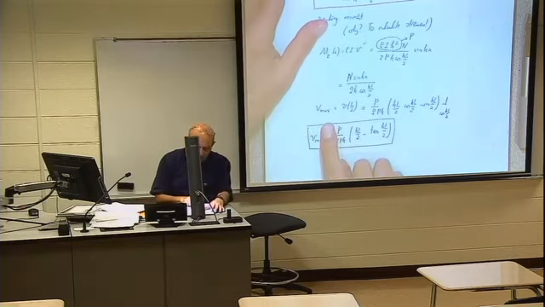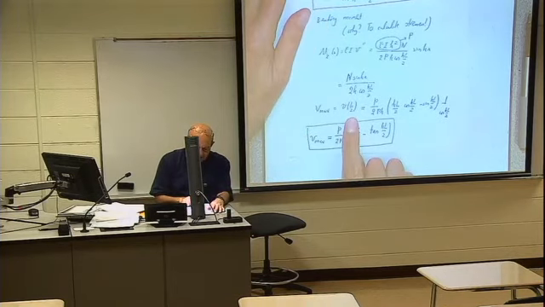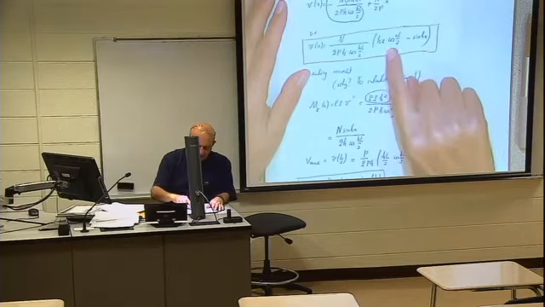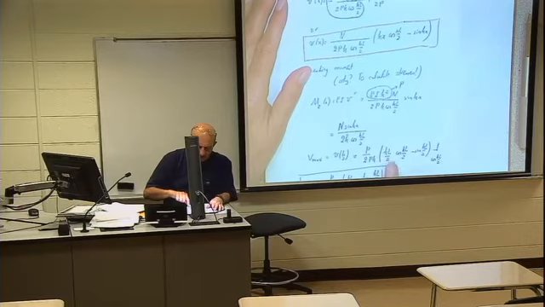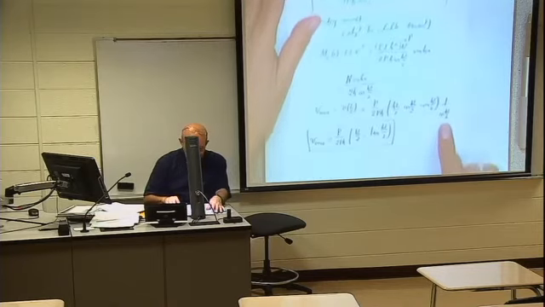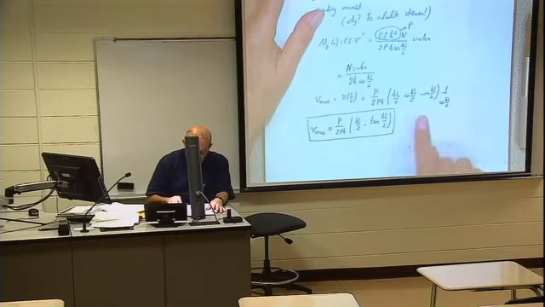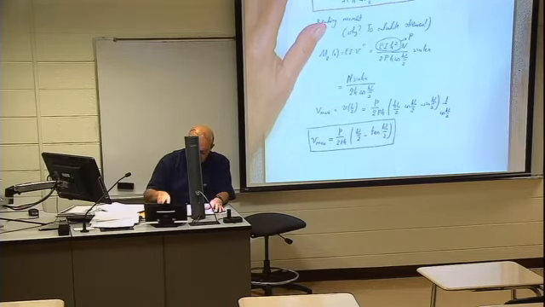So V maximum equals V at L over 2; I just substitute L over 2 here. Then it will be kL over 2 cosine kL over 2 minus sine kL over 2, and then this cosine kL over 2. So I can divide cosine kL over 2 and cosine kL over 2. I will get here just kL over 2, and cosine will cancel each other.